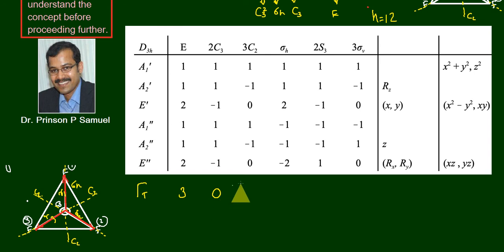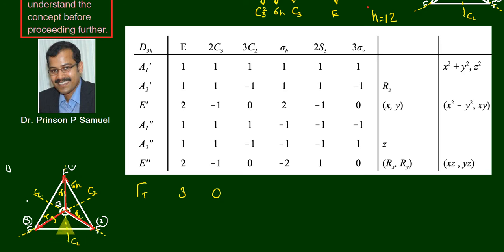And what about the character for C2? C2 is the rotation about this axis, right? And each C2 axis contains one bond, one BF bond in this particular case. Or we can say each C2 axis contains a vector. So since each C2 axis contains a vector, that vector alone will retain its position, but the other two vectors will change their position.